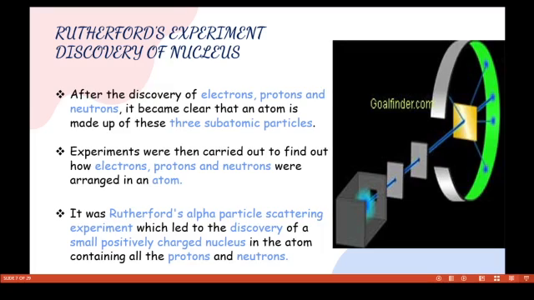It was Rutherford's alpha particle scattering experiment which led to the discovery of a small positively charged nucleus in the atom containing all the protons and neutrons.